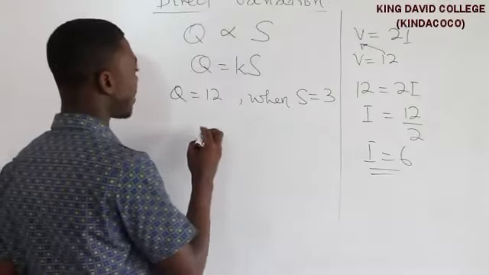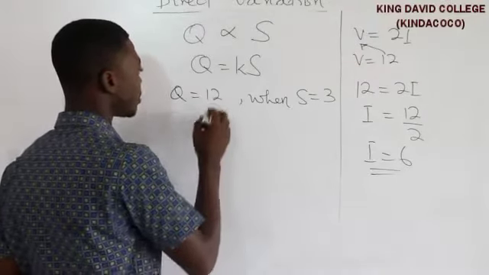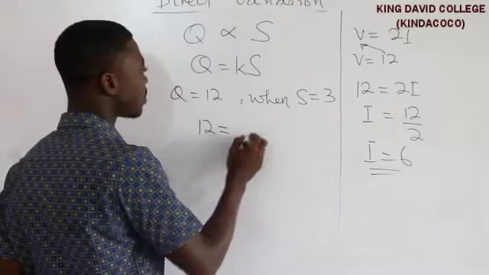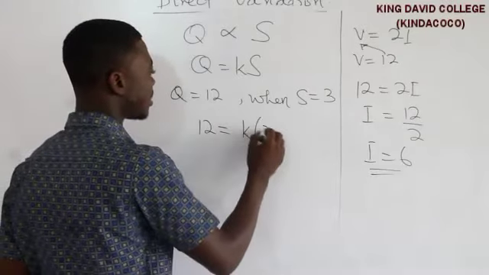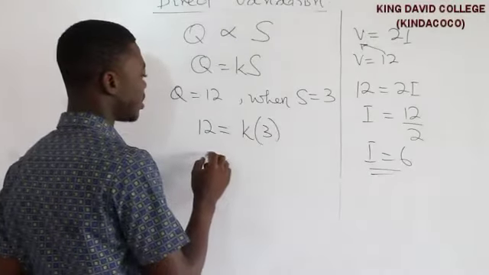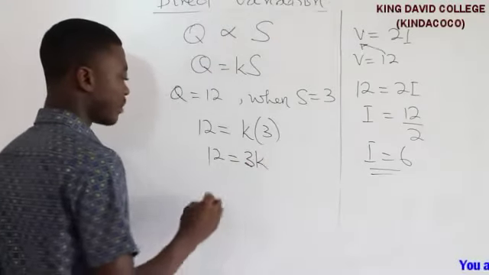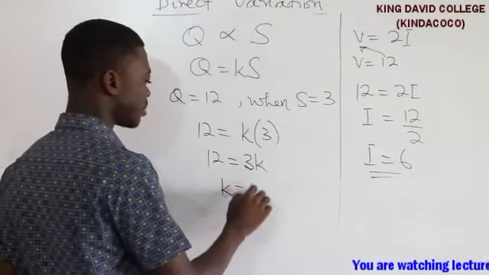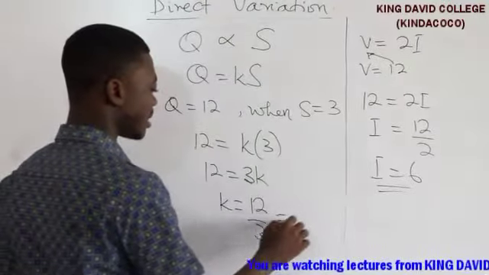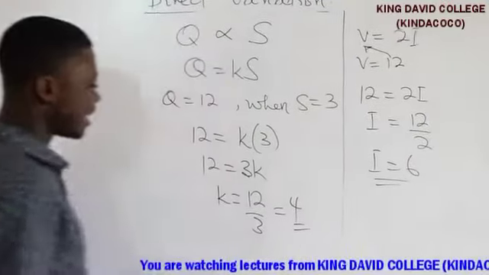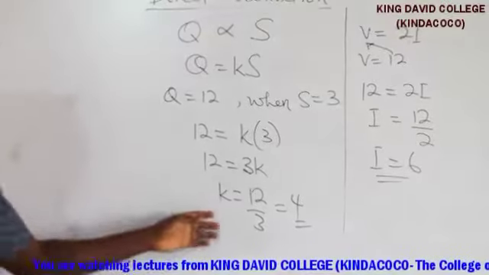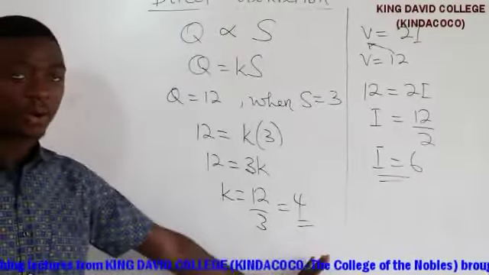So this will become Q, which is 12, 12 is equal to K times 3. And that will be 12 is equal to 3K. Okay, so then my K is 12 over 3, which is 4. So in this case, our constant of proportionality is 4.